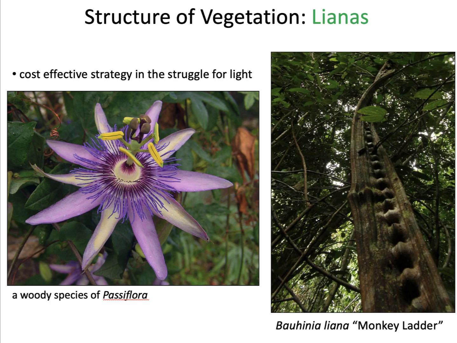So this vine must get up a tree and then put its leaves up above the canopy trees. Often lianas exploit trees for support, and in some cases they can outcompete trees. This liana strategy is a cost-effective strategy in the struggle for light in these tropical forests.